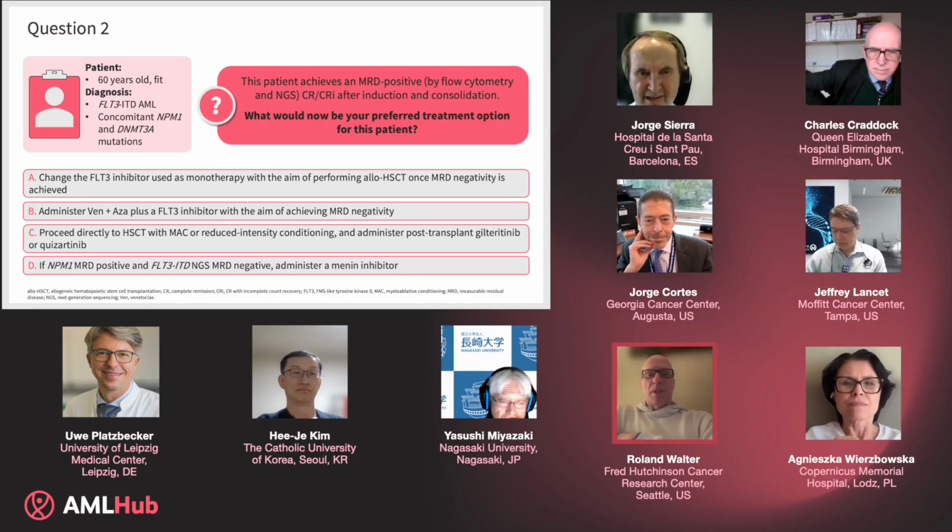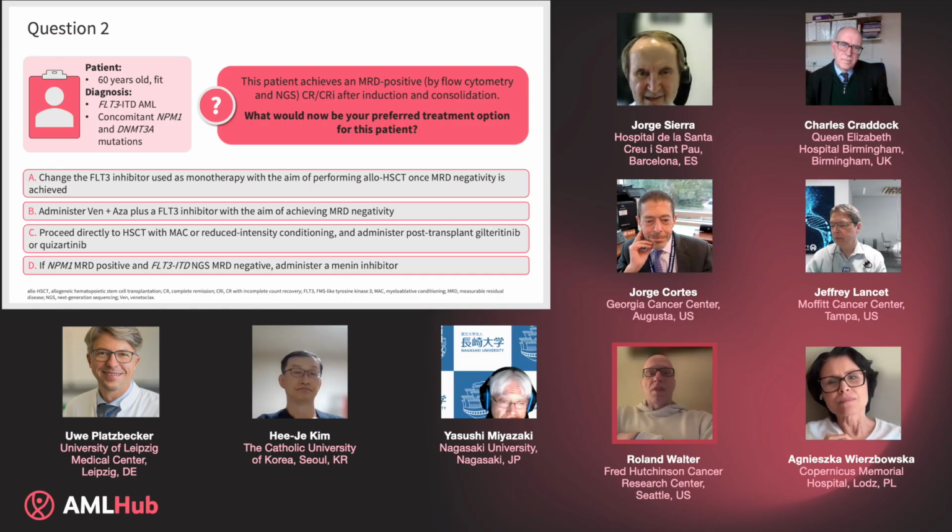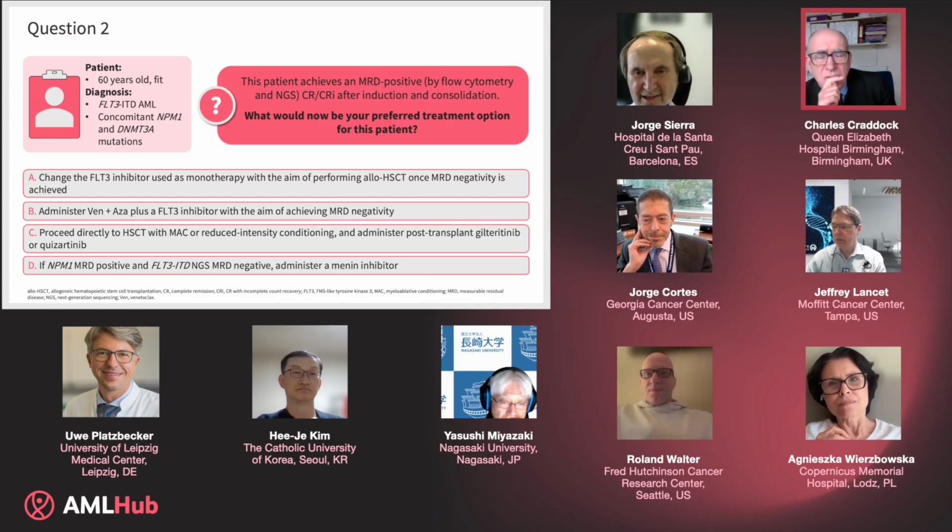I think you could probably argue to proceed to a transplant and use gilteritinib, assuming for a minute the MRD is from the FLT3. It's a little more questionable what the benefit is if the MRD is not on the FLT3 side.